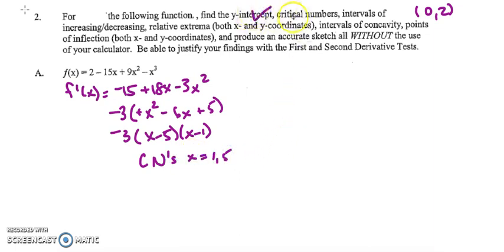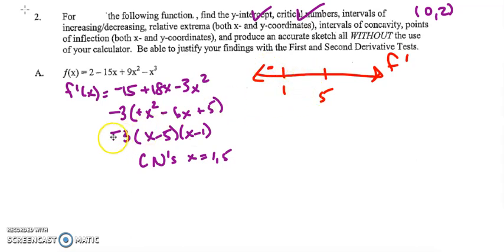So I've done the y-intercept, I've done the critical numbers. Now for my intervals of increasing, decreasing, I'm going to do a number line analysis to assist me. Critical numbers of 1 and 5, plug values into the derivative, start with 0. I have 1 negative, 2 negative, 3 negatives, so negative. Plug in 2, I get out 1 negative, 2 negatives, so positive.